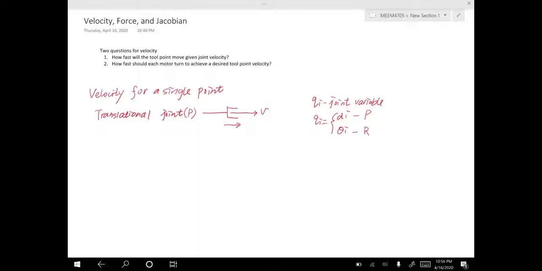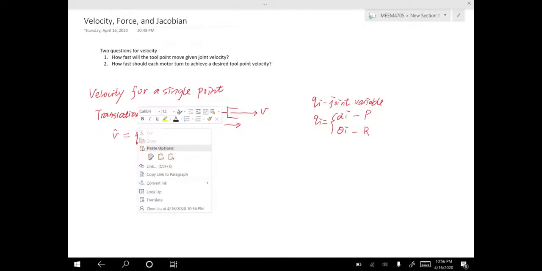For this case, what is the linear velocity? The linear velocity is a vector, and it equals the joint velocity, which is q dot, because we call q the joint variable, which is the position, so q dot means the velocity.